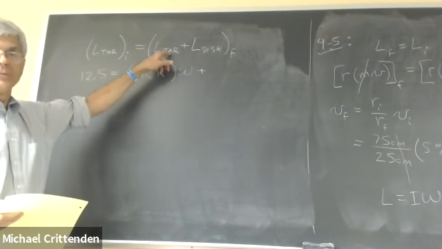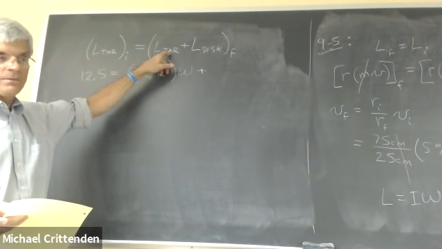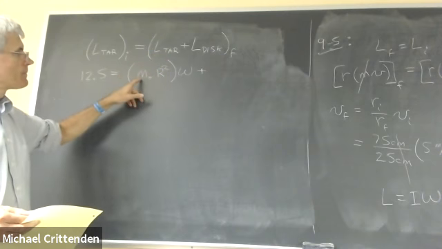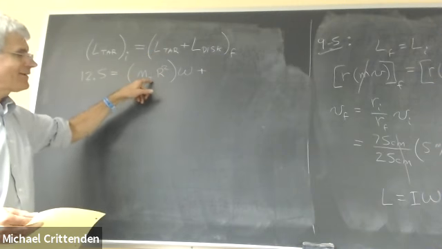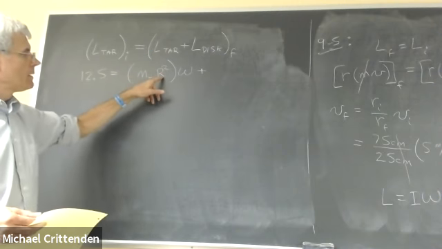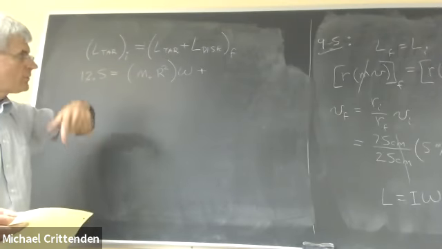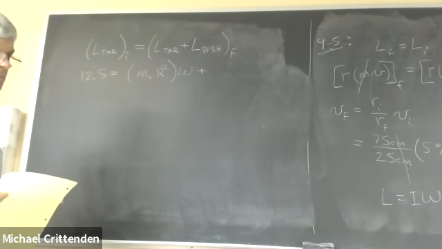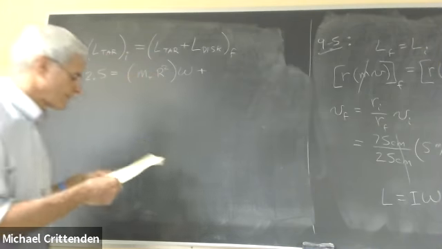For the tar, all of the tar is located at the same distance from the center. It's attached to the outside edge of the wheel. So M_T, T for tar, mass of the tar, that's the half a kilogram again, times the radius squared of the circle that it's moving around in. Okay, it's basically behaving like, if not exactly a point-like particle, but it's all at the same distance from the axis, so it's just mr squared.